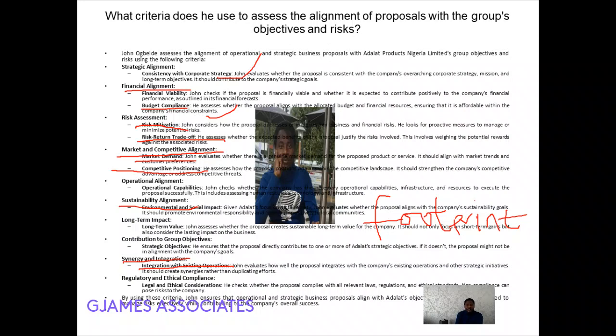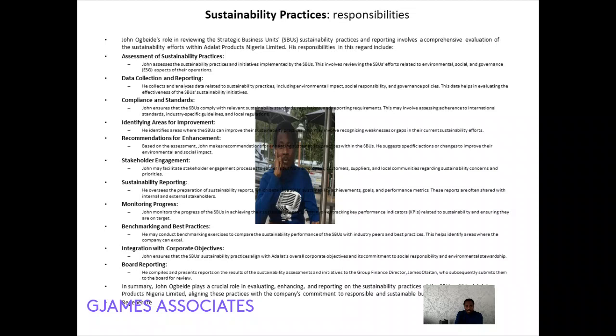Then the regulatory and the ethical compliance must be considered by John. And by using all these criteria, John ensures that operational and strategic business proposals will align with ADALA's objectives and are well positioned to manage the risk effectively while contributing to the business's overall success.